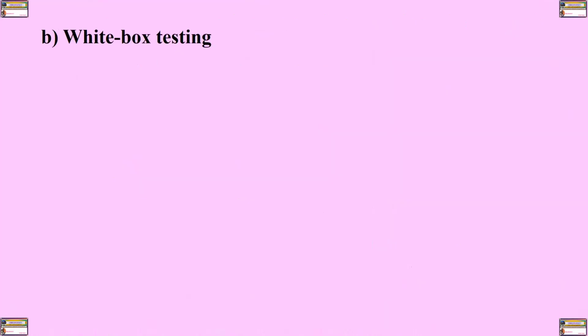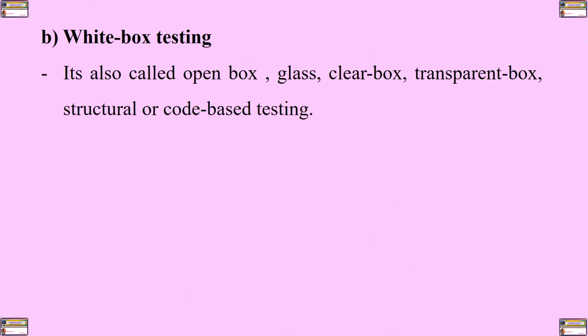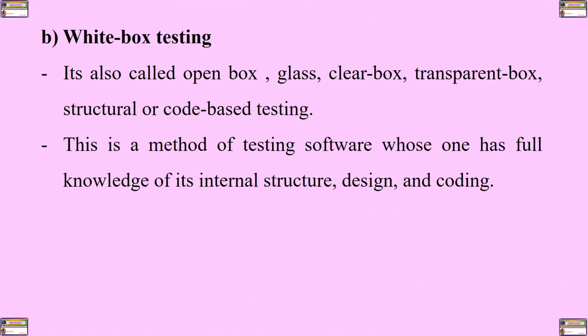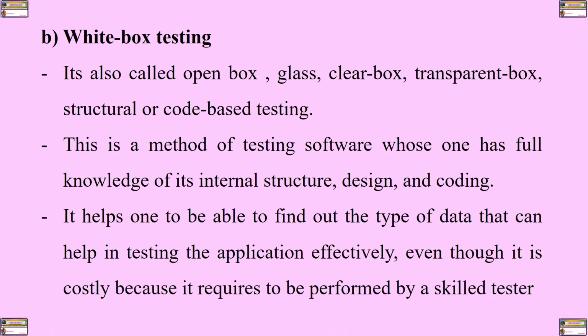The other method of testing is white box testing. White box testing is also called open box, glass, clear box, transparent box, structural, or content-based testing. This is a method of testing software where one has full knowledge of its internal structure, design, and coding.